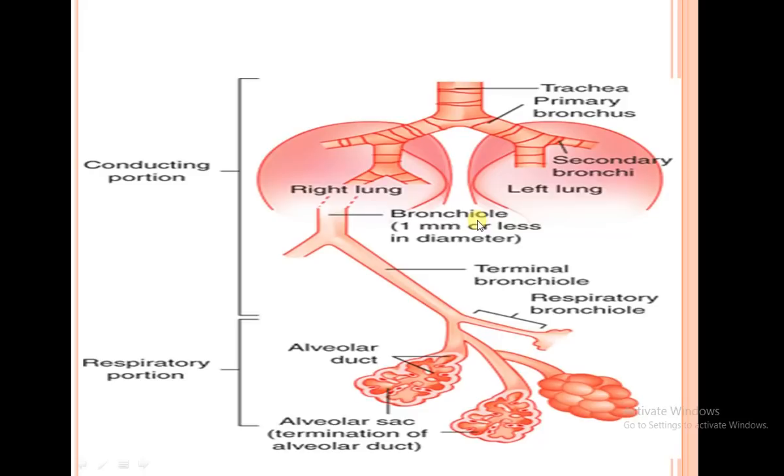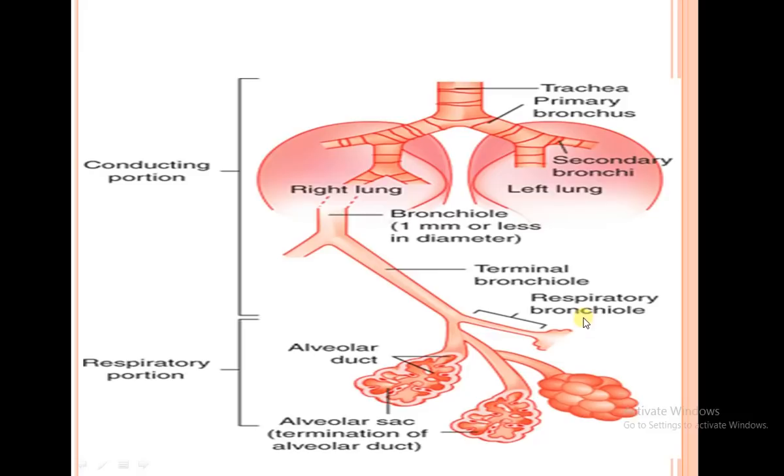The bronchioles can be terminal bronchioles and respiratory bronchioles. The terminal bronchioles have a diameter of 1 millimeter, while the respiratory bronchioles have a diameter even less than 1 millimeter.